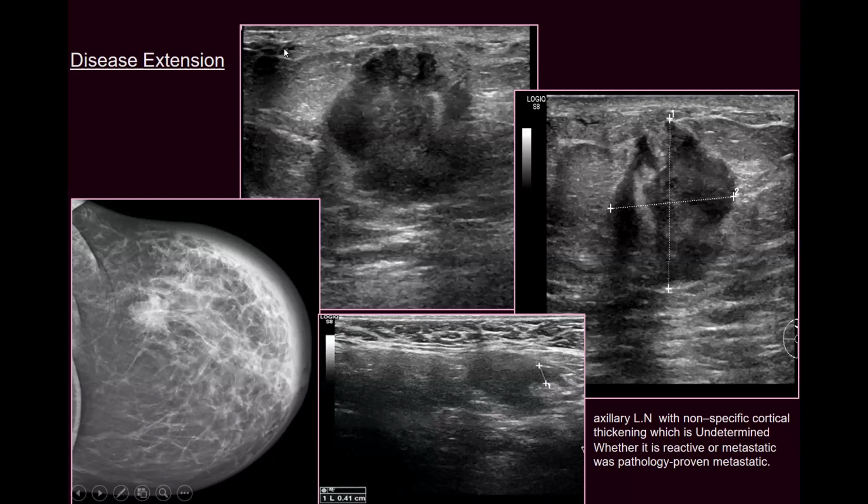Also, you can see it here. As we mentioned before, the area between the superficial layer of the superficial fascia and the skin is a lymphatic rich area. And if you look at this, it is 0.4 diffuse cortical thickness, but it was a metastatic lymph node.